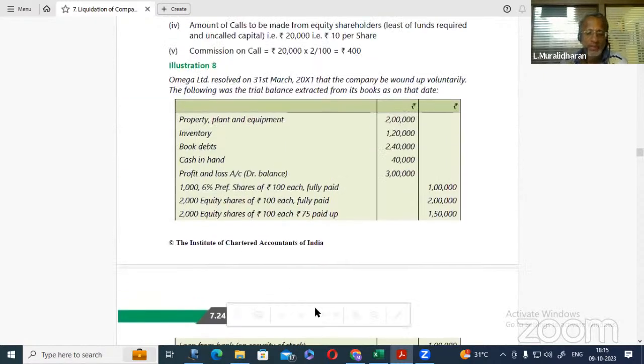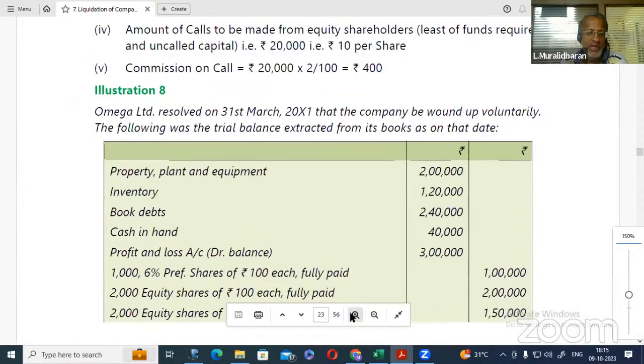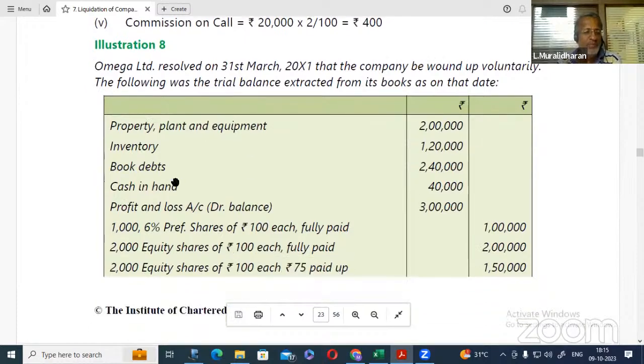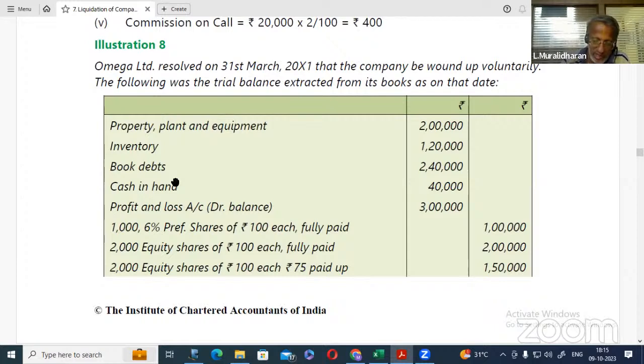Yes, say we would like to try firstly illustration number 8. So I will just slowly roll over. You please read it out. In the meantime, I will have my tea, because 3 hours at a stretch is going to cost a little strain on the vocal cords. One moment, I will switch off my fan.